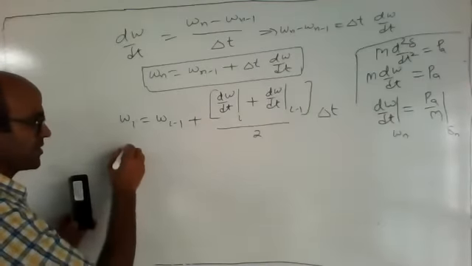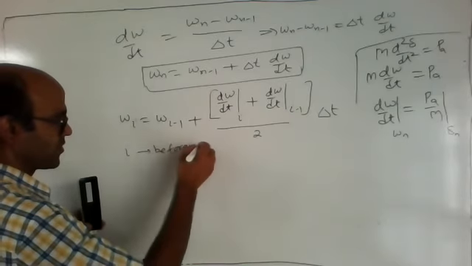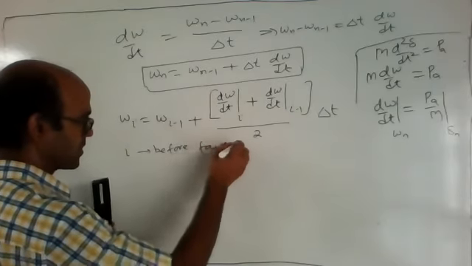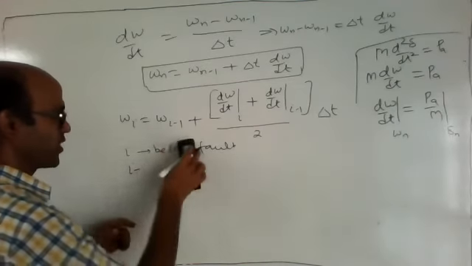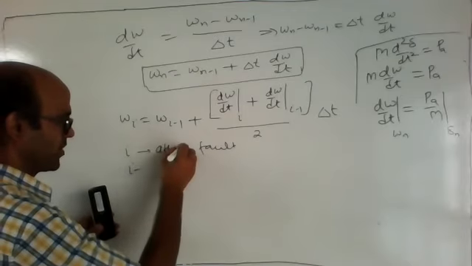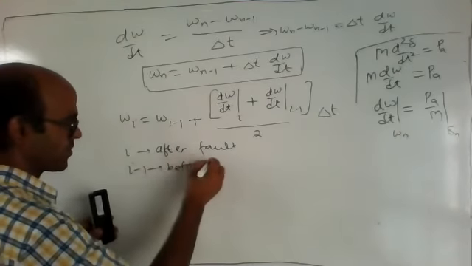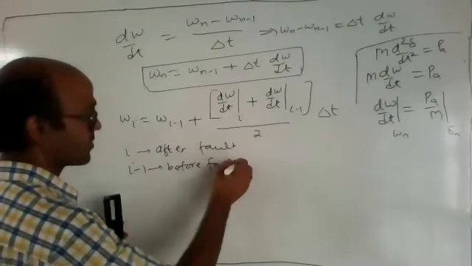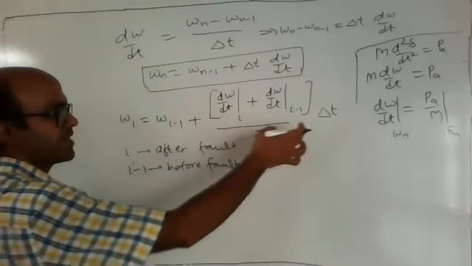So the ith position is after fault, and i minus 1 is before fault. So this is the average of speed, and this is time.